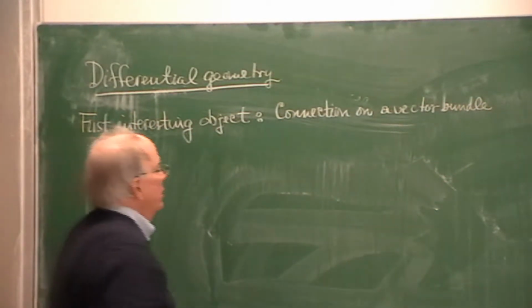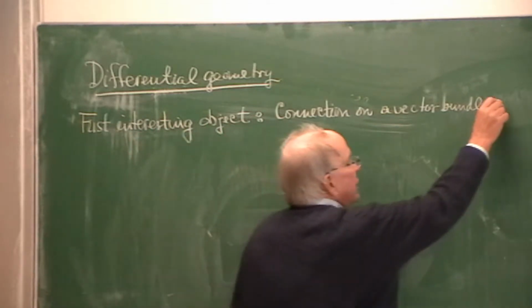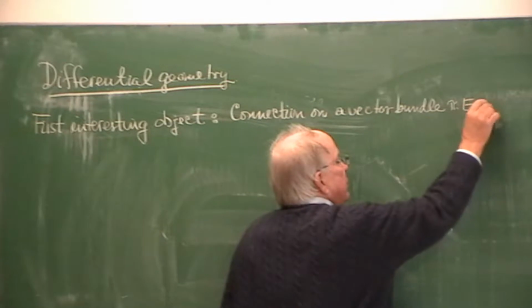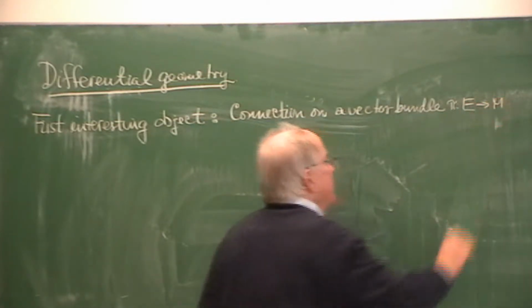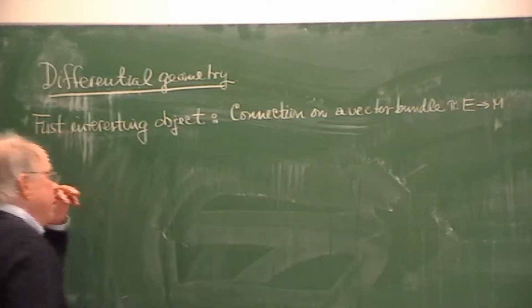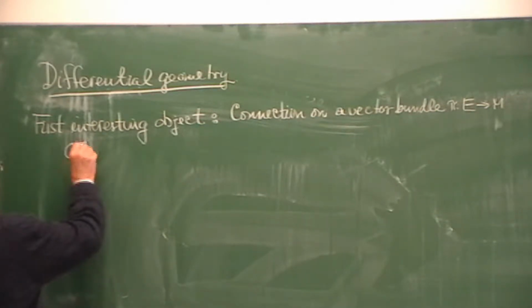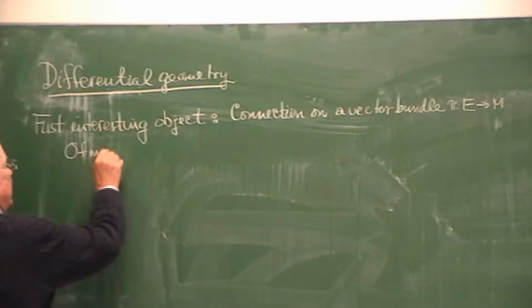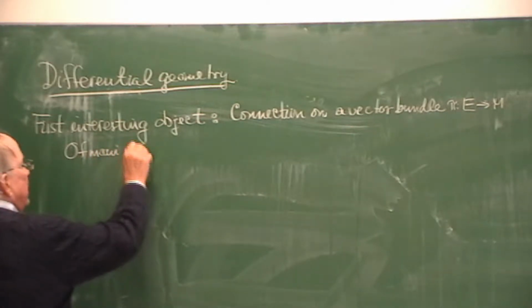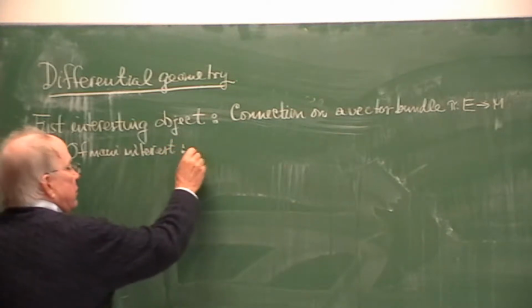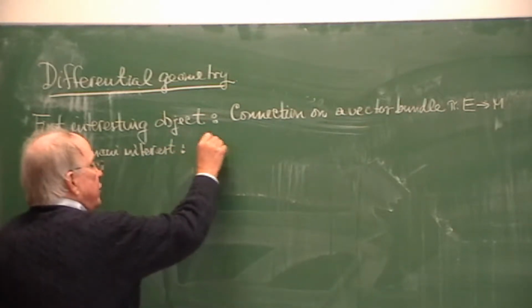Maybe we give the vector bundle some notation, the usual projection from the bundle space to the manifold. And of main interest is the case when the bundle itself is a tangent bundle.